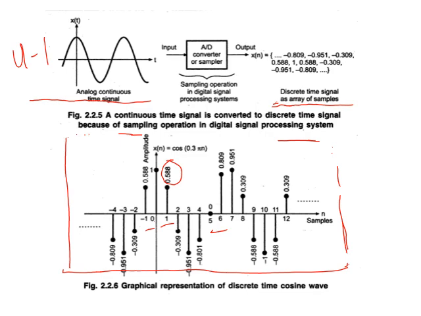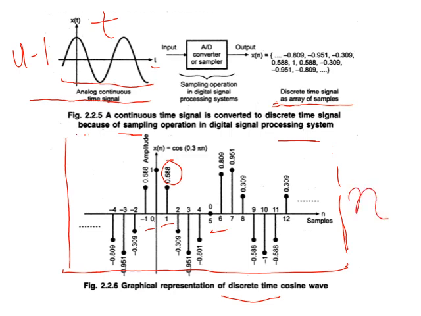So this is the difference between continuous time signal and discrete time signal. A continuous time signal is defined at each and every instant of time. There is no gap between the amplitudes, but in a discrete time signal, amplitude is present only at discrete time intervals. The discrete time intervals are nothing but values of n. Here the variable is small t, and here the variable is n.